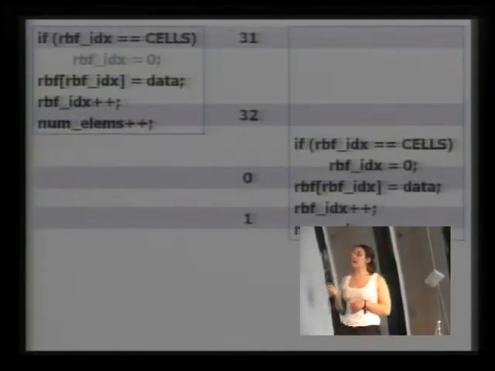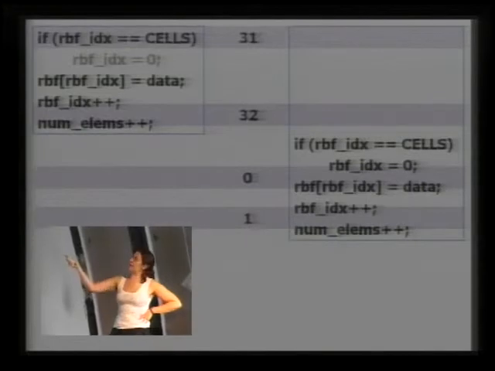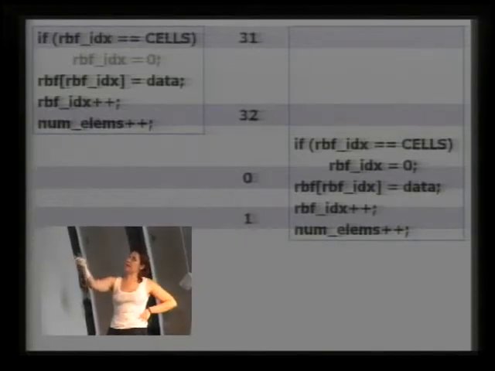So this code is okay in this setup. You have two threads, thread 1 and thread 2. And thread 1 comes in here, checks whether... So this, in the middle column, is the value of the RBF IDX counter. And imagine that it comes into this piece of code. The value of RBF IDX is 31.